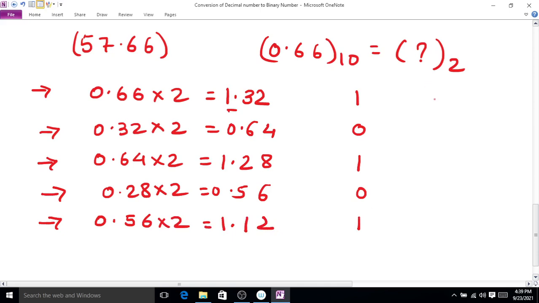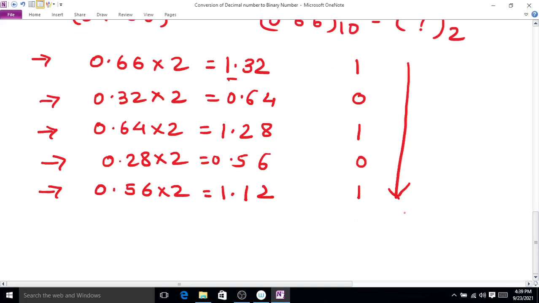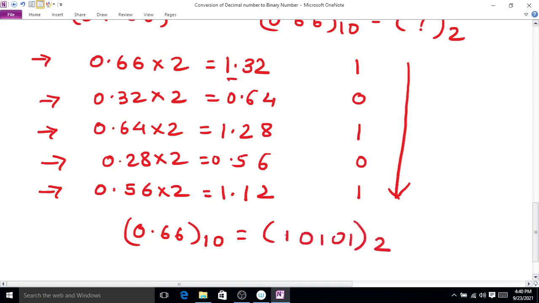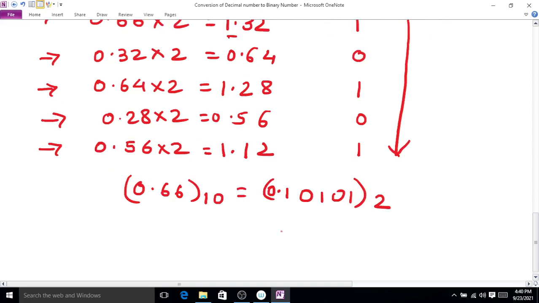Now while writing the binary equivalent for a fractional part, we have to consider the numbers from top to bottom. So we write the equivalent of 0.66 as 10101. This is nothing but our binary, but before writing the fractional part, we have to put the binary point.